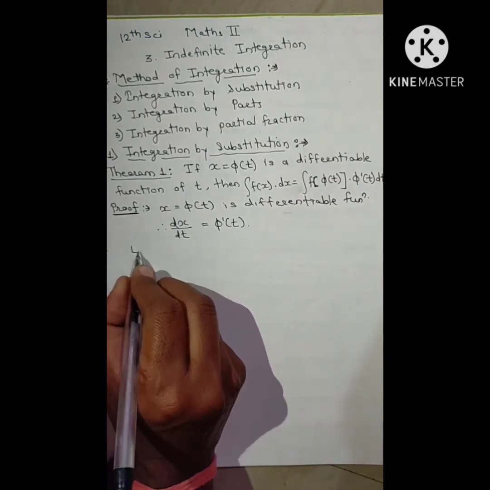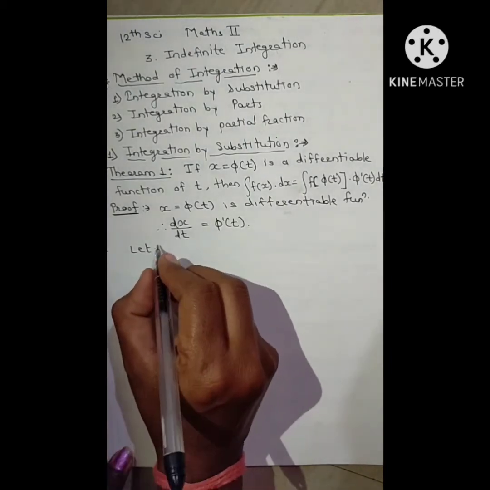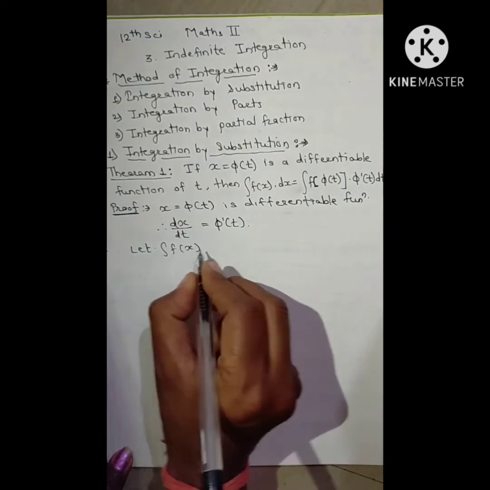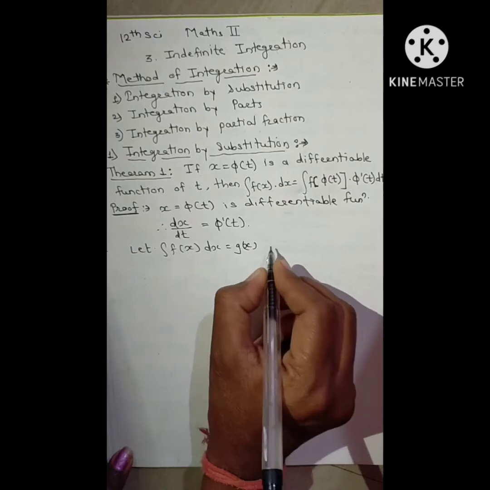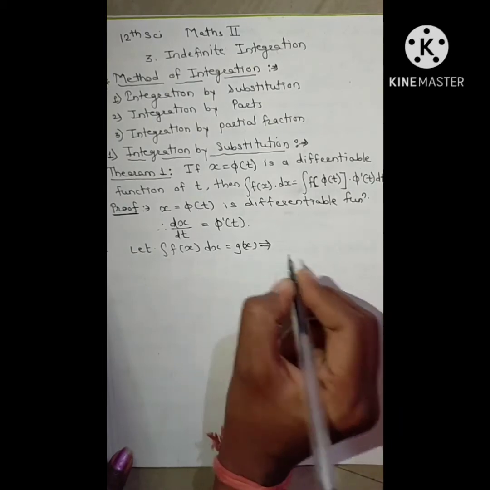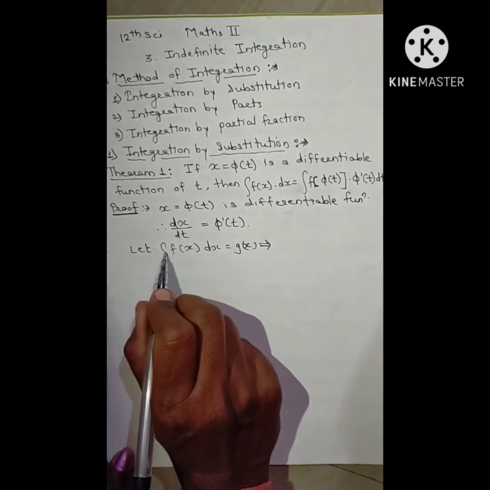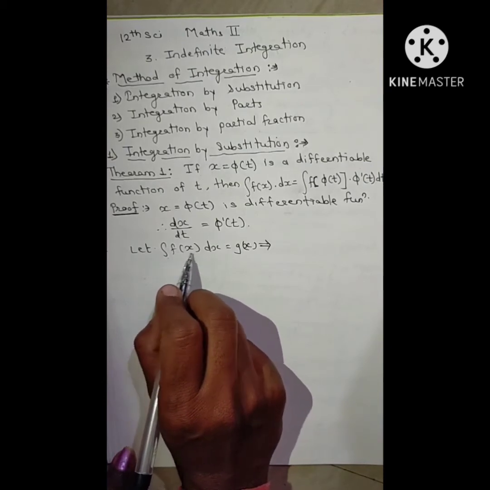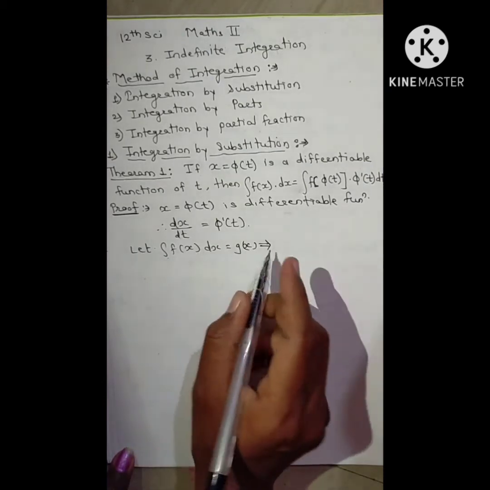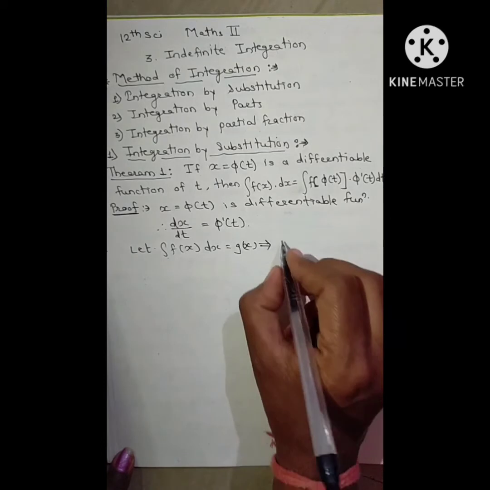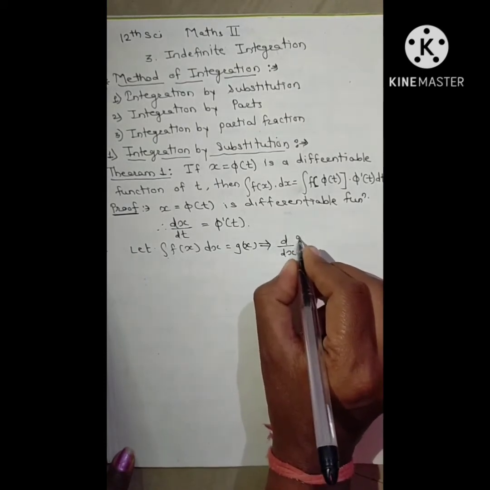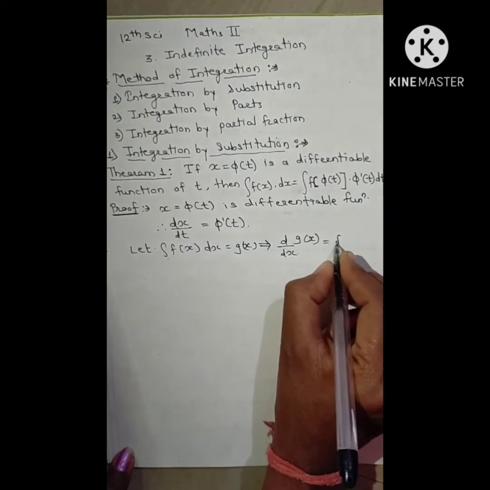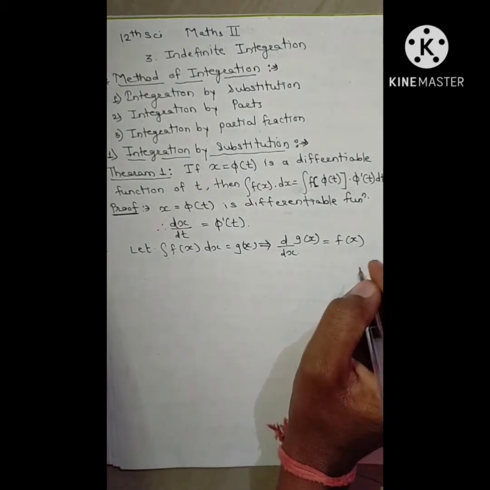Now let integration f of x dx be equal to g of x. This implies that the derivative of g of x is equal to f of x.